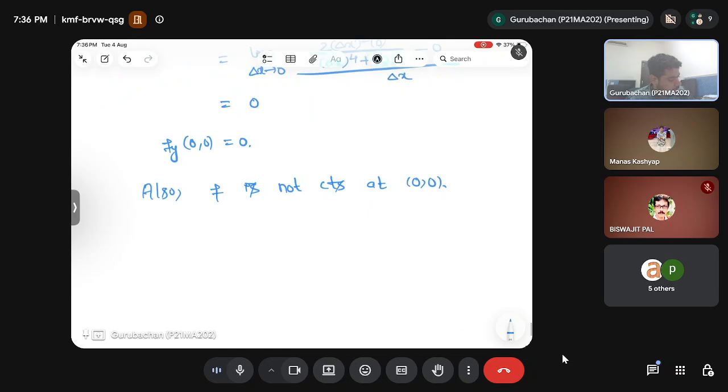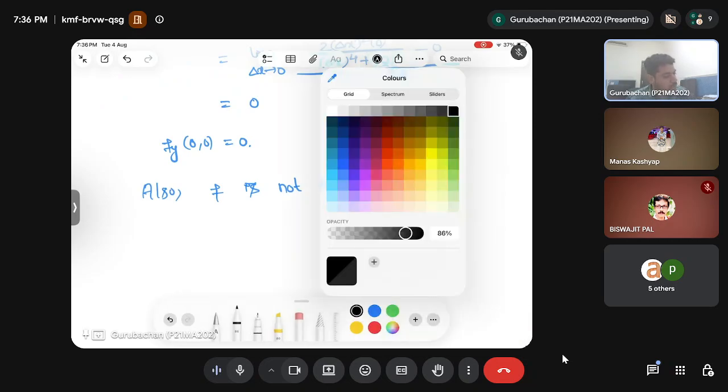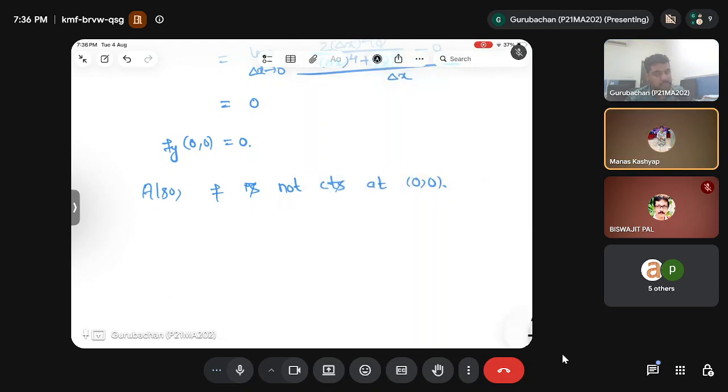Now let me give you higher order partial. Sir, we know that partial derivatives in x and y at a given point exist, and if they are the same, the function is continuous. No, not always.